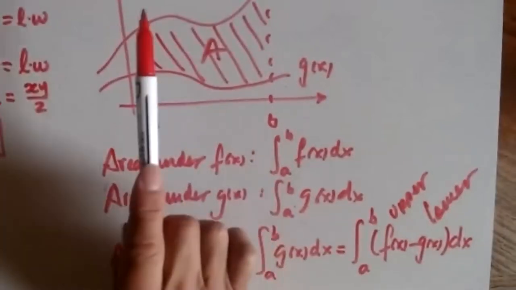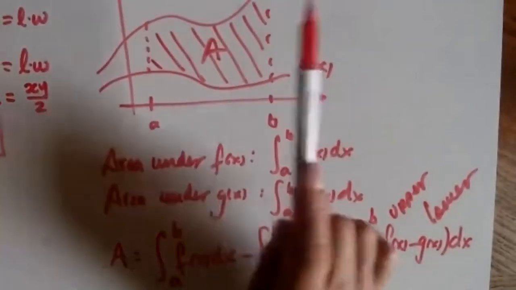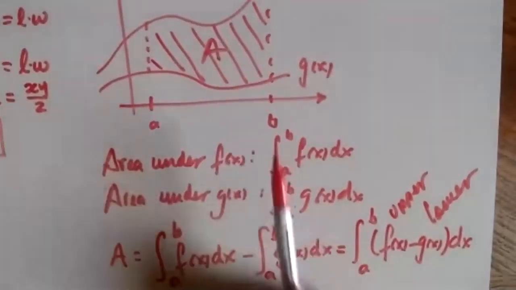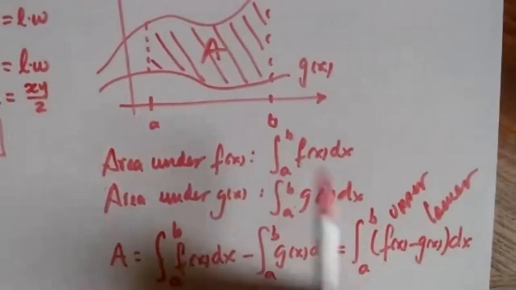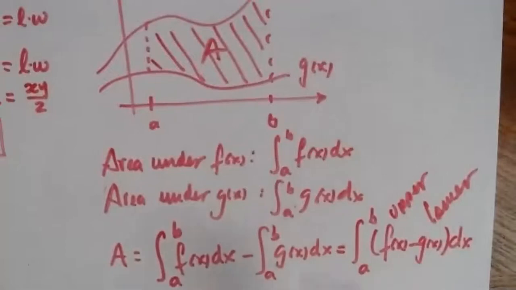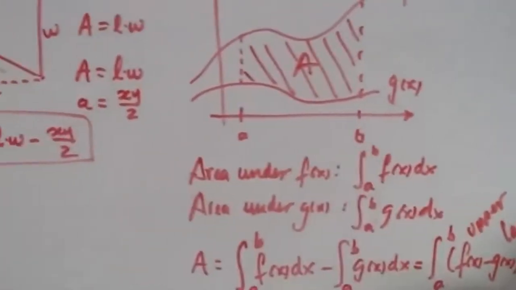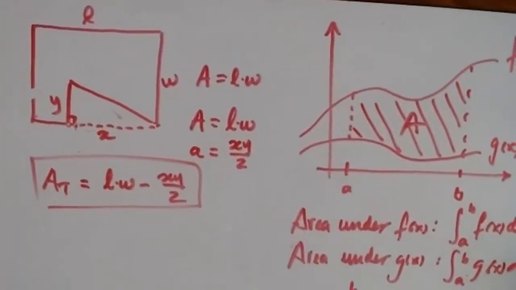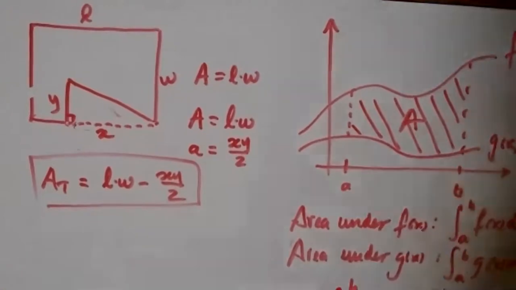The area is delimited by this line at the left, this line at the right, this line at the top, this line at the bottom. So the integral from a through b of upper minus lower is going to give me my area. So it's not really a very complex concept. It's the same as in middle school.